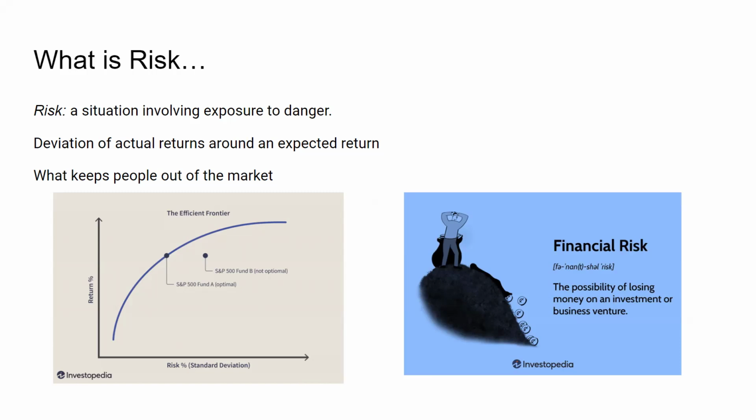Like, for example, a pizza shop. Someone may buy the pizza shop, and let's just say that they spent all this money because they're expecting a return on the profits they would make from the pizza shop. But then for some reason, all the customers just stop going to the pizza shop. Let's say there's a natural disaster or something. Then that's your risk, because really anything can happen when you do something in business.